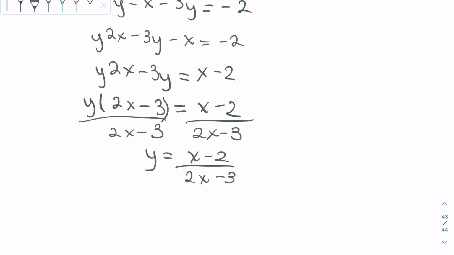In the end, we get another rational function, which is x minus 2 over 2x minus 3. And this would be our inverse function.